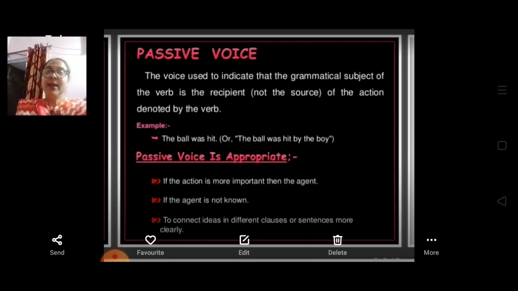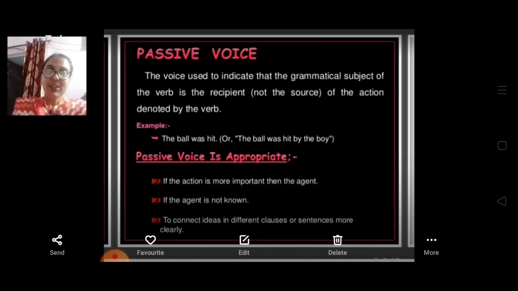So that you always remember, in passive voice the subject, or doer, will come at the end of the sentence and the object will become the subject of the sentence. So you can say it's a zigzag form.